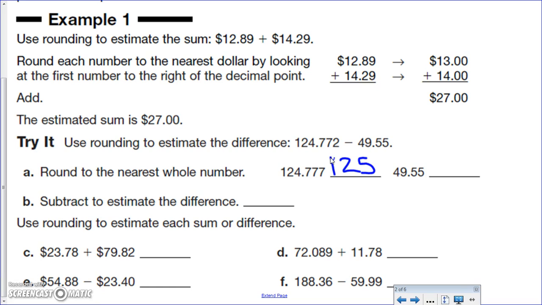And 49 and 55 hundredths rounds to 50. Then we're going to subtract to estimate the difference. So 125 minus 50 is 75.